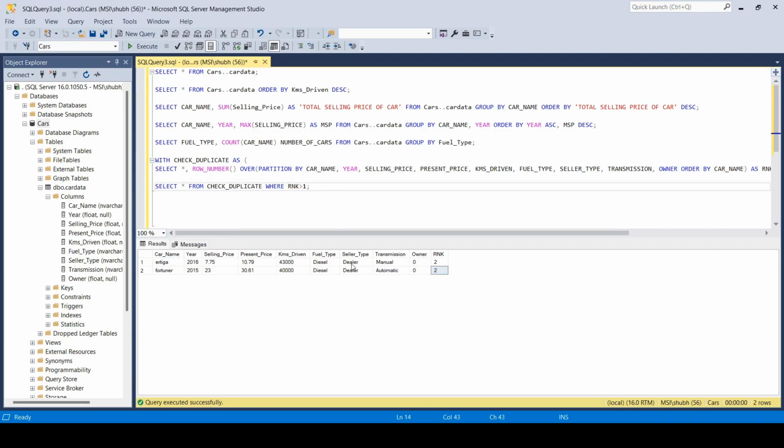So this entire transaction is written 2 times. And how we did it: we used a CTE, and we used row number to rank them.